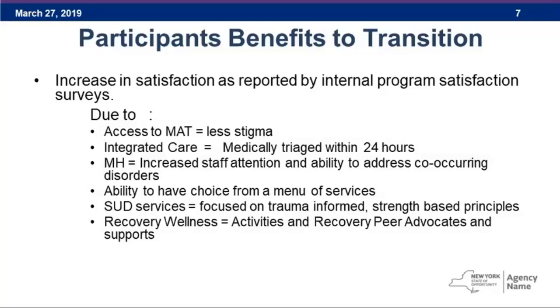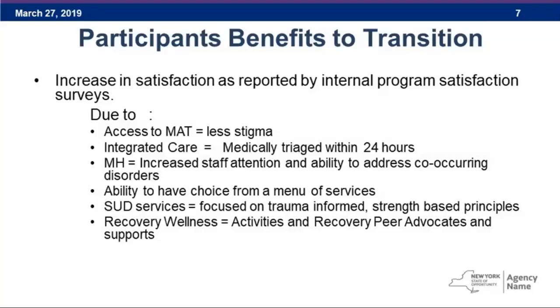They were medically triaged within 24 hours of admission. For residents with co-occurring conditions, their mental health needs are being attended to upon admission. Traditionally, as I had said earlier, they would have to wait 4 to 6 weeks for appointments with community mental health providers.